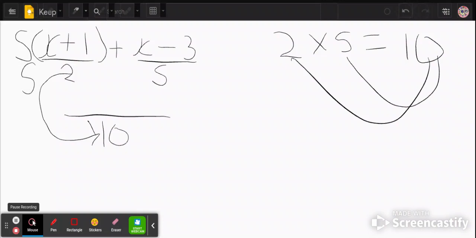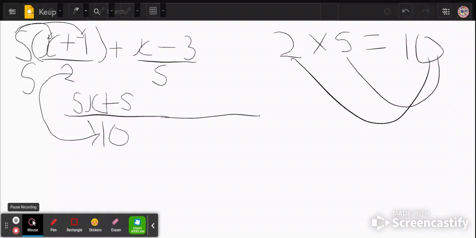And as you know, we just simply expand the brackets, right? So it'd be 5 times x plus 5 times positive 1, right? So 5 times x will give us 5x plus 5 times 1 is 5, right?